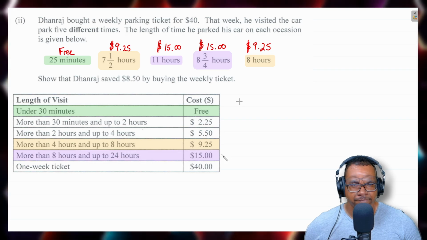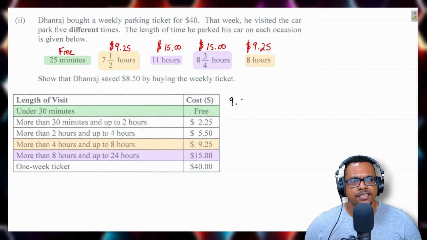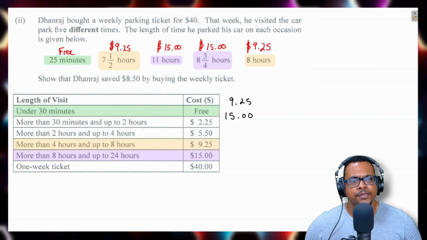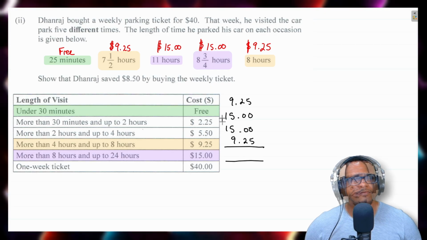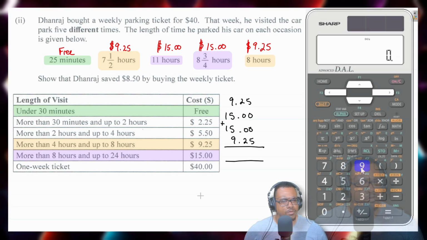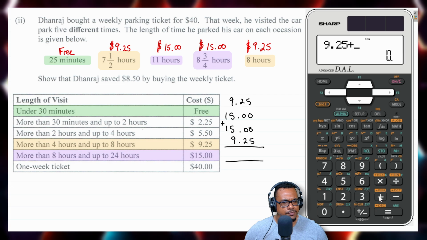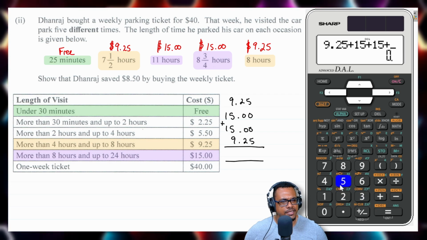So let's see. I'm going to have the $9.25 plus the $15 plus $15 again plus $9.25. Of course, we add them.